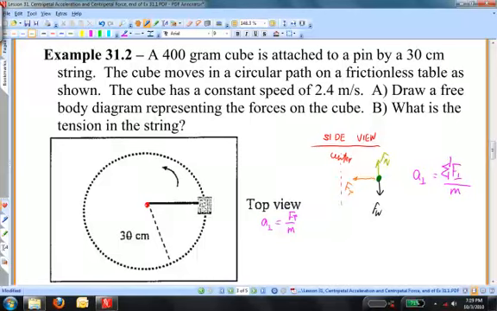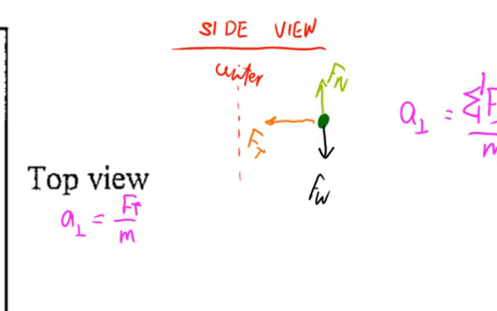Now, I'm trying to find Ft. If I could get a number for the centripetal acceleration, they told me what the mass was, I could figure out what the string tension is. Say that force is equal to the mass times the acceleration. How can I find the centripetal acceleration? I'm going to use v squared over r.